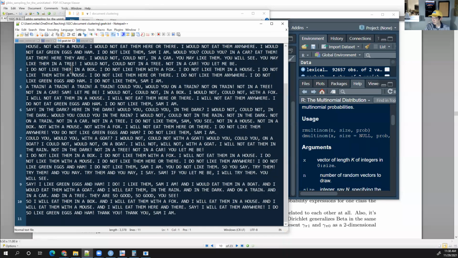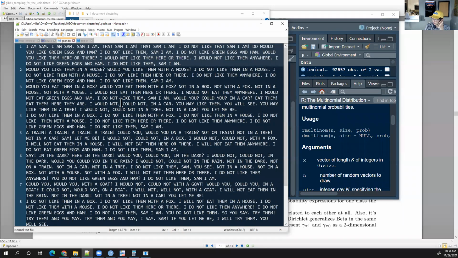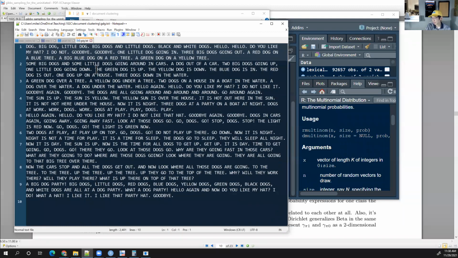Okay, so you're going to have a total of 19 documents. For each of these documents, I took a couple pages out of two books. One is Green Eggs and Ham by Dr. Seuss, and actually Go Dog Go is not a Dr. Seuss book, it's published by the same company, written by P.D. Eastman.